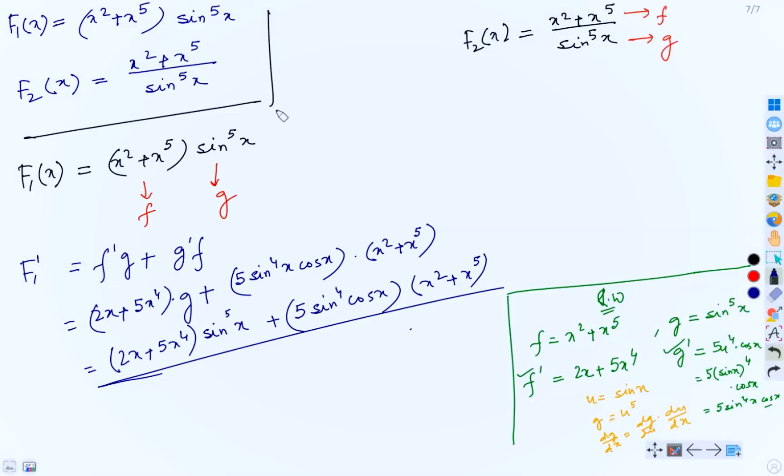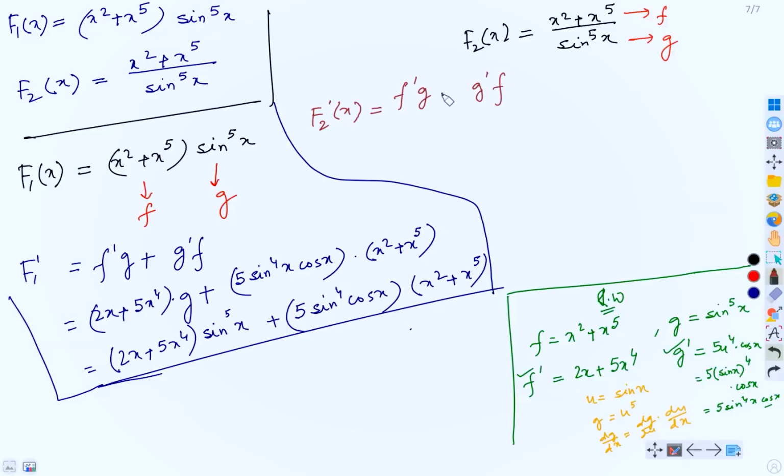Now we have to evaluate this one, f2 dash x. The formula is (f dash g minus g dash f) upon g square. What do we obtain for f dash?